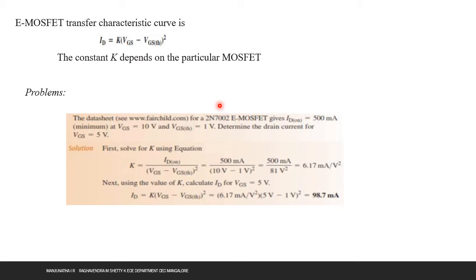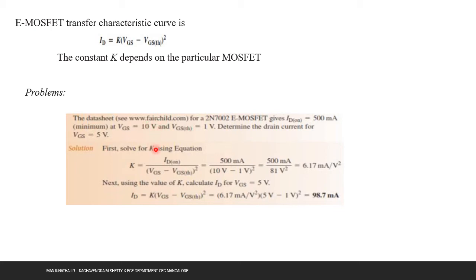2N7002E MOSFET, for this particular MOSFET, gives ID on is equal to 500 milliamps. That is a minimum current at VGS is equal to 10 volts. So this is what we have to observe here carefully. ID on means when the drain current starts giving its value, its minimum value is 500 milliamps at VGS is 10 volts.